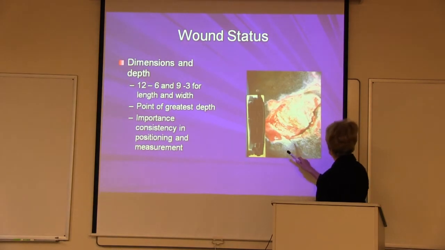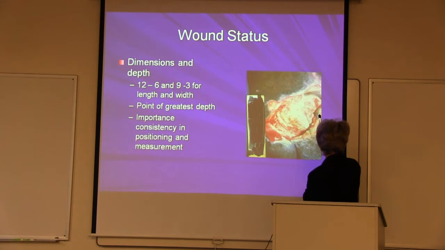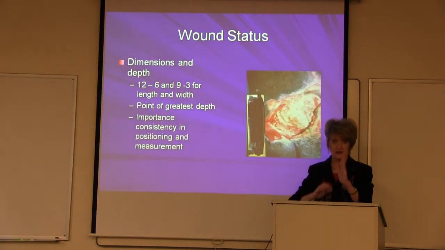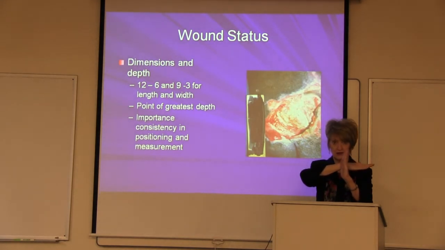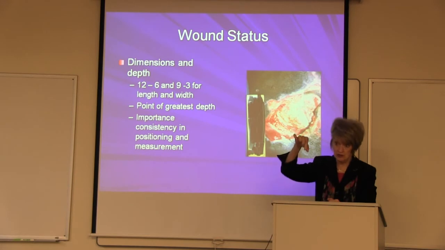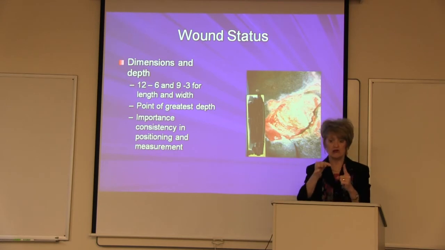And then I'm going to look for my longest dimension from a side-to-side orientation, which is going to be right here. So 12 to 6, 9 to 3, perpendicular. Then you find the point of greatest depth, and you put your cotton-tipped applicator into the wound at the point of greatest depth, grasp it at skin level, then hold it next to a measuring device to get depth.